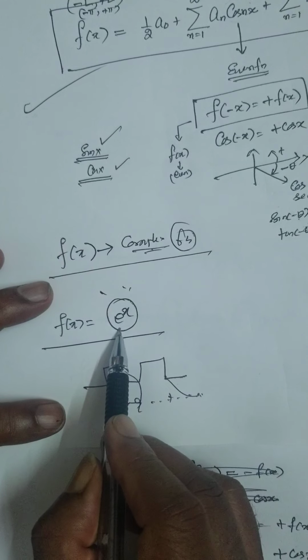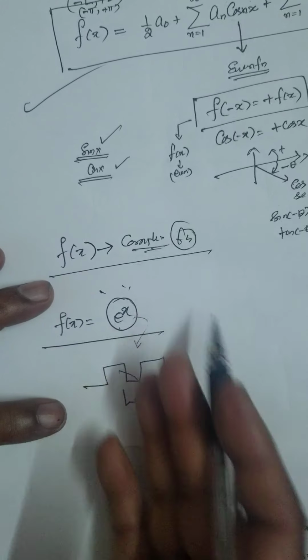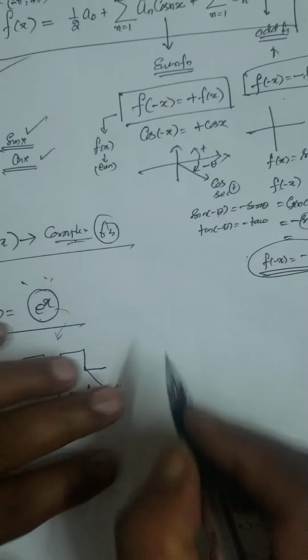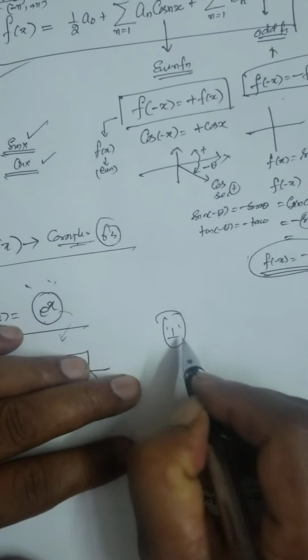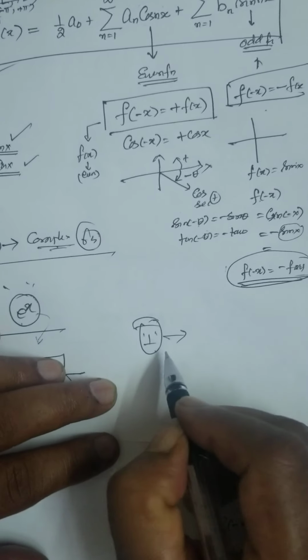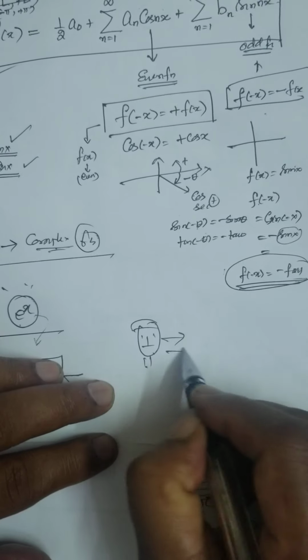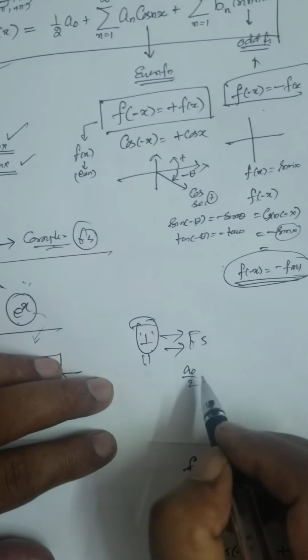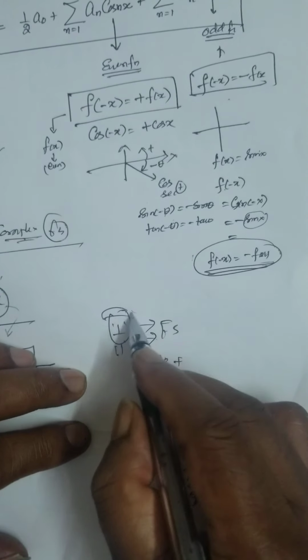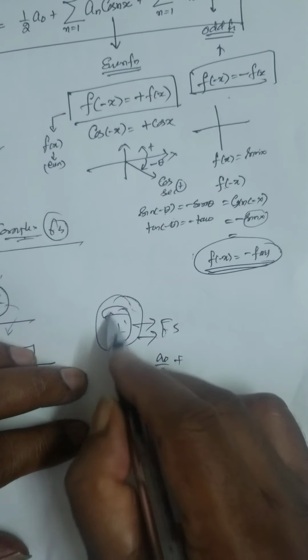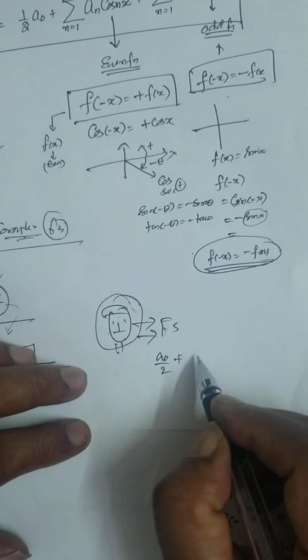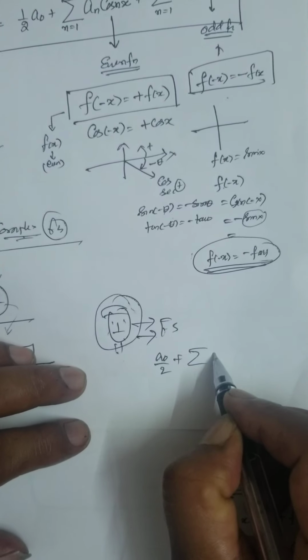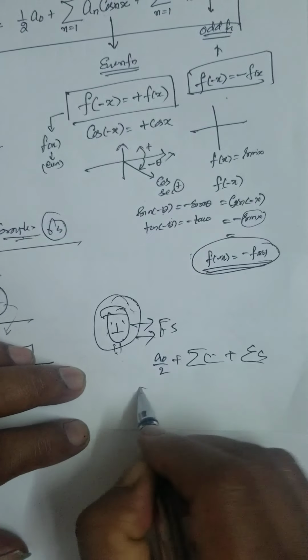Is it possible to express it in sine and cos? Suppose your face is like this, I have taken your photograph, right? I take your face, then using Fourier series I can find out a0 of you, and your entire face feature can be expressed in terms of a summation of cos and sine functions.